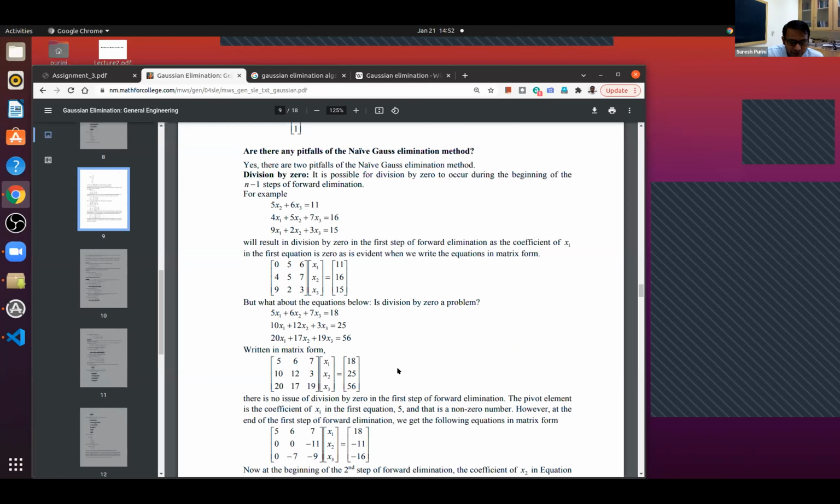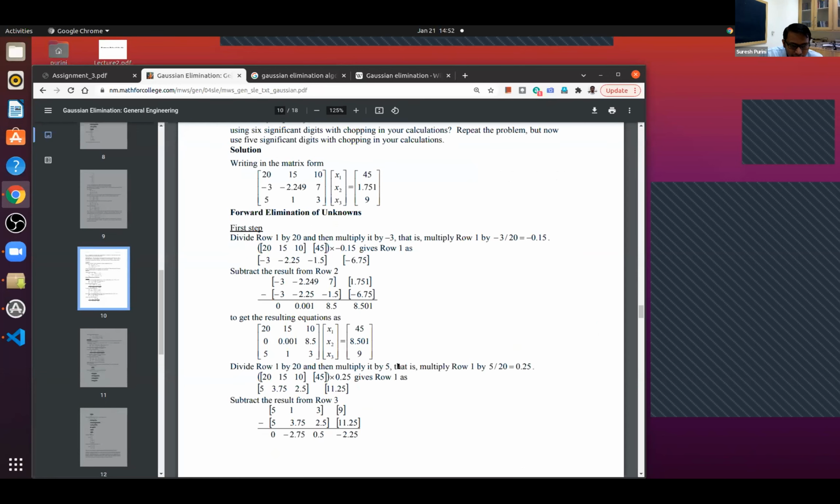The second problem is if you keep going down in the process of elimination, observe this matrix. You are getting a very small value as a pivot here. When there are small values as pivots, your problem becomes numerically unstable. There is a technique called partial pivoting. In partial pivoting, we try to find the row with the largest value in that particular column.